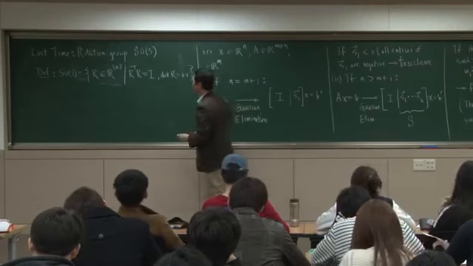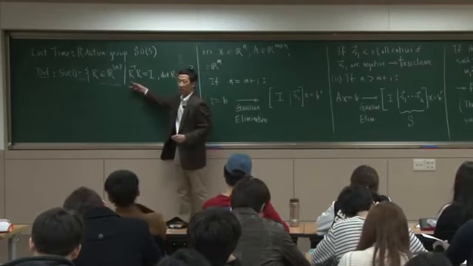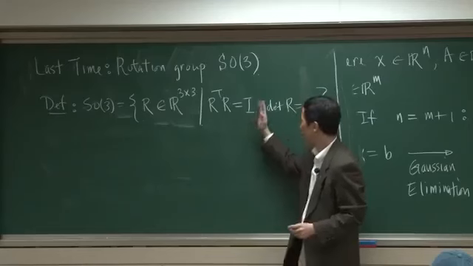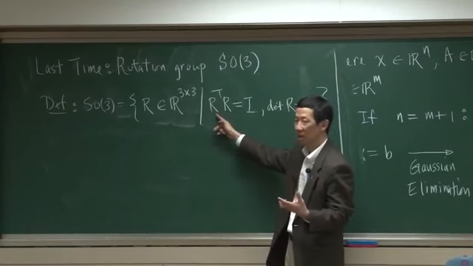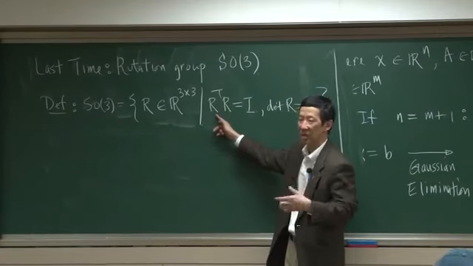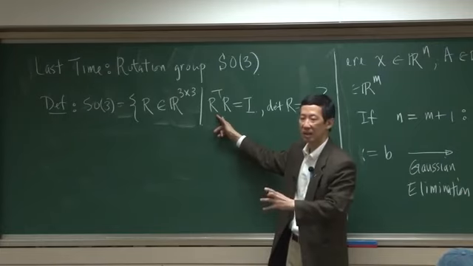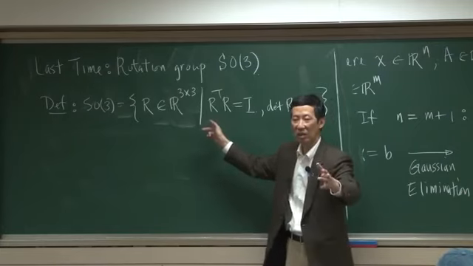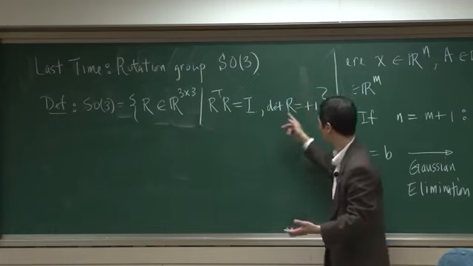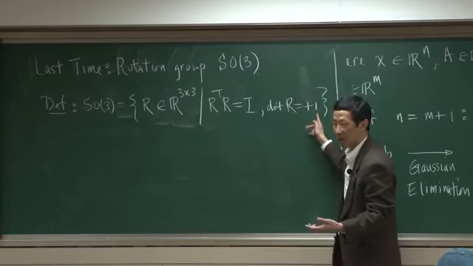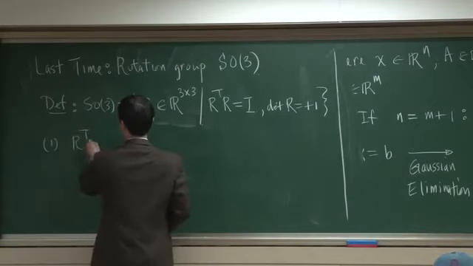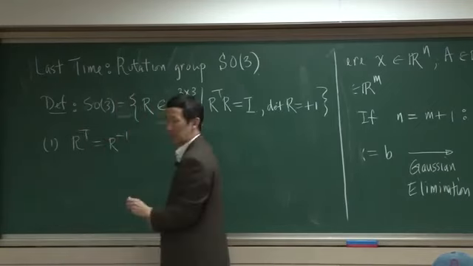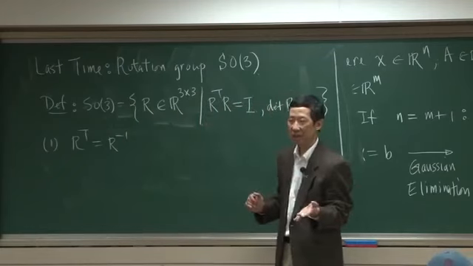Just from this first condition, if we ignore the second for now, we know that the determinant of R has to be either +1 or -1. So we're going to throw away those whose determinant is -1 and consider only those with positive determinant. A couple properties. It's pretty clear from the definition that the transpose is the inverse, and vice versa.